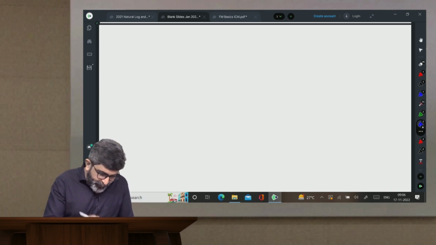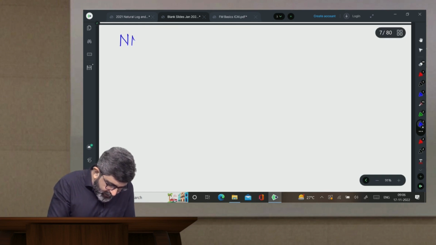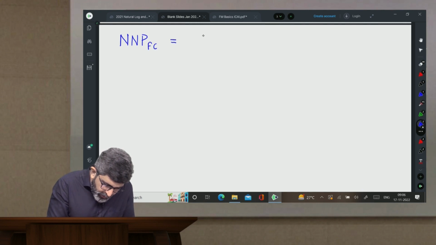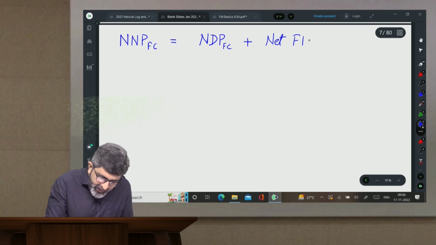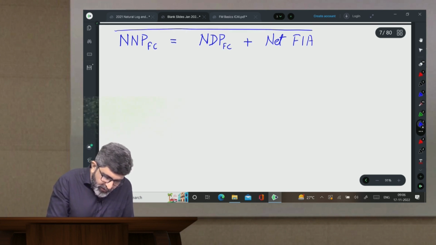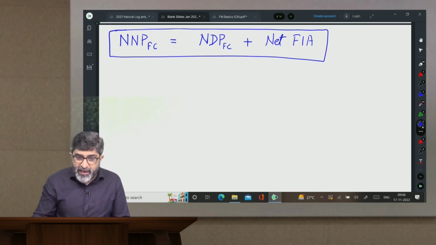So for NNP at factor cost, first of all, you take NDP, net domestic product at factor cost, NDPFC, and to this you add net factor income from abroad, net FIA, and you get NNP at factor cost. This is one way to arrive at that.